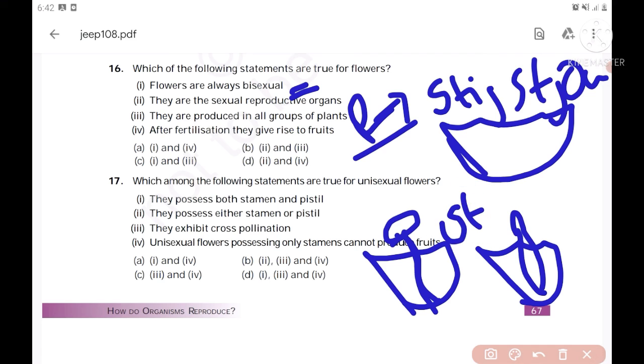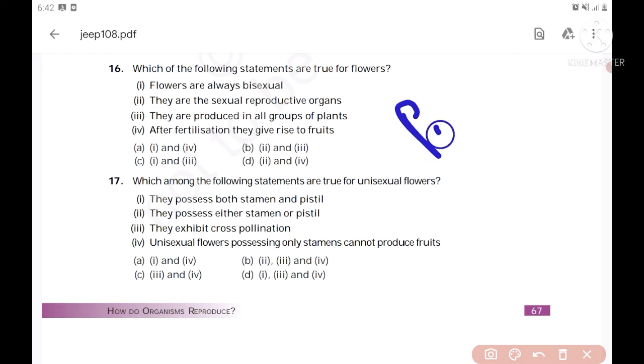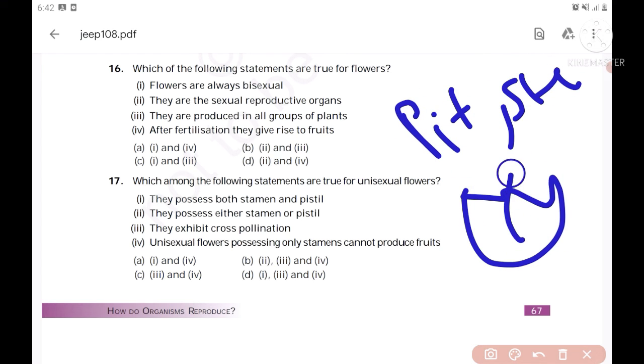And what is stamen? Stamen is nothing but anther and filament. So either pistil or stamen is present in a flower, then it's called unisexual. What is bisexual? If both the parts, pistil and stamen, are present, then it is called bisexual. So this is called bisexual.